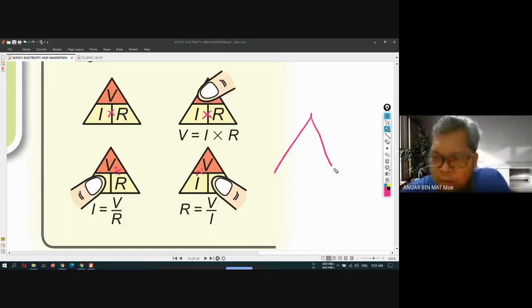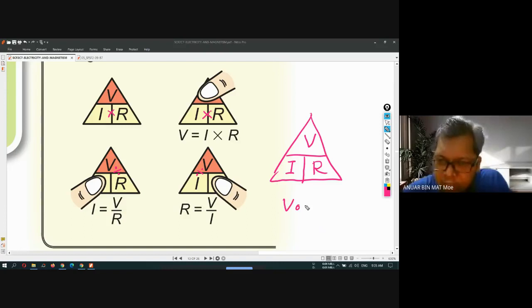Just draw a triangle. And then at the top, voltage. On the box on the left is current, and on the box on the right is resistance. V is for voltage, and the unit of voltage is V. Remember, I is the current, and the unit of current is A, ampere.